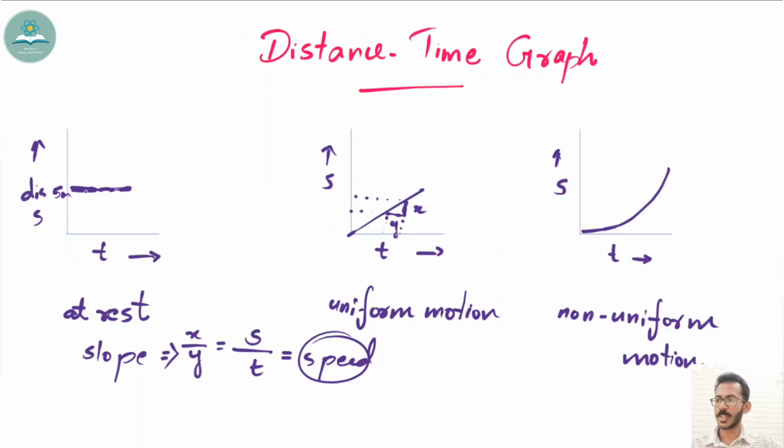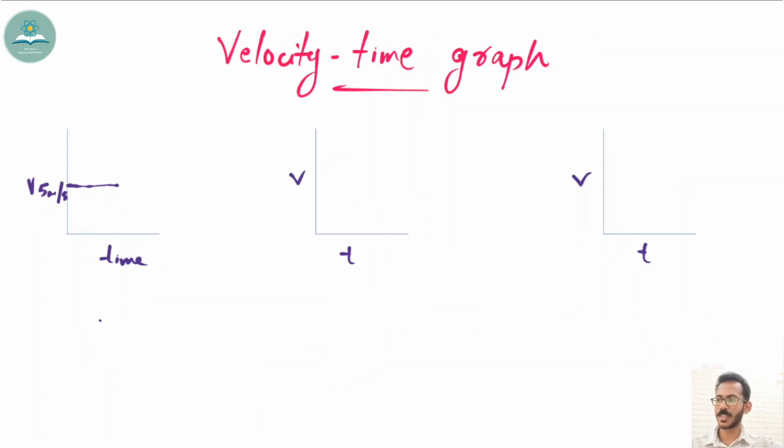There, if you get a graph like this, the distance is constant, it's not changing its distance at all, then we'll say the object is at rest. But here the case is different. Here the object is moving, but moving with the same speed. It means the object has a uniform speed, or you can call it uniform motion.